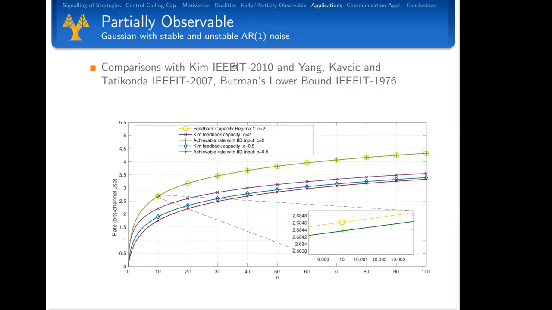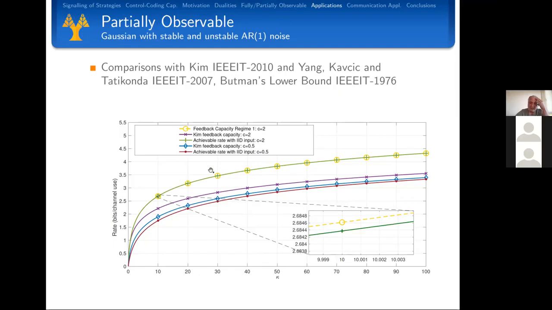It is not valid for me to compare our results, because these authors derive feedback capacities or achievable rates for stable noise, but I'm doing unstable. But I wanted to compare whether their formulas, if applied to the unstable case, can do well, or at least come as close as to what we get.